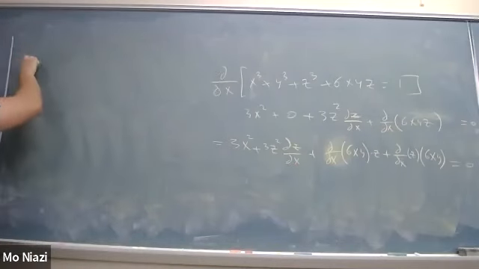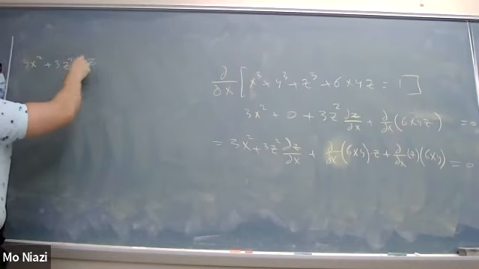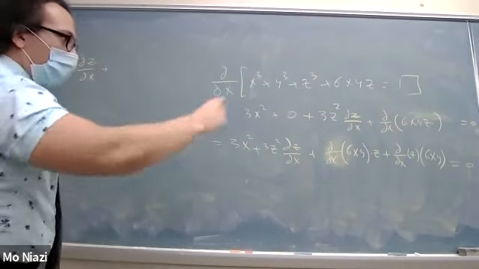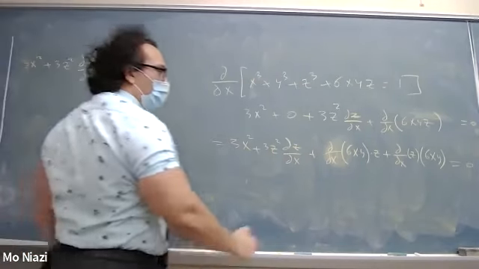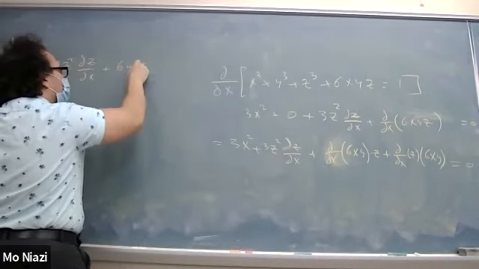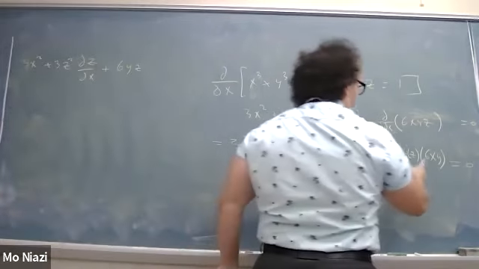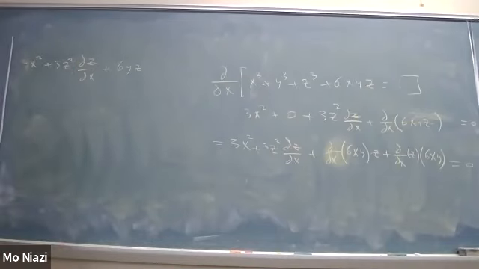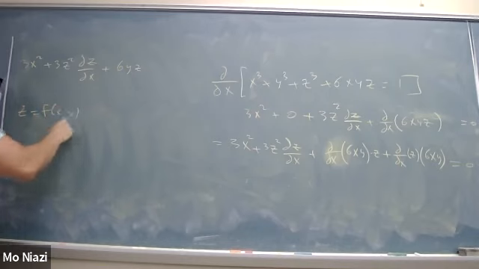This reduces to 3x squared plus 3z squared partial z partial x. Plus, now that we've thought it through, this part is easy. Partial x of this thing is just 6y times z. Partial x of this thing, well, partial x of z on its own, z is really that.